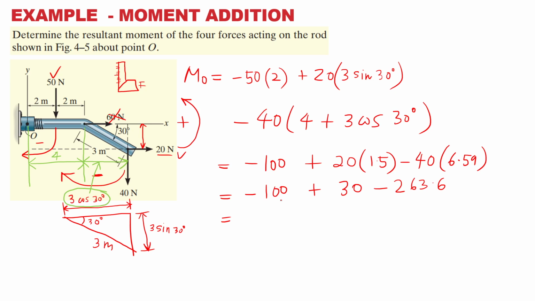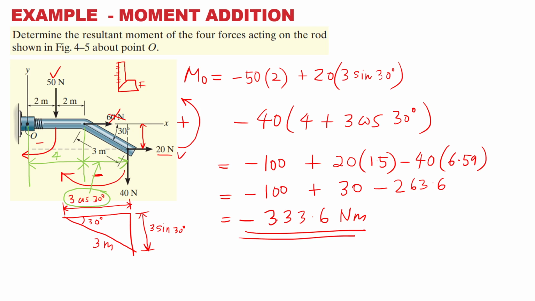Negatif 100 campur 30. Patutnya dapat jawapan ni lah. Negatif 333.6 Newton meter.